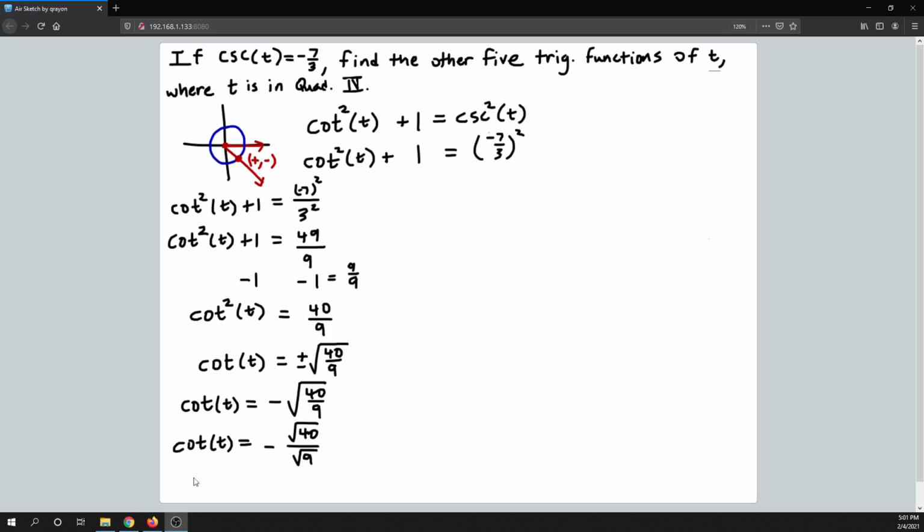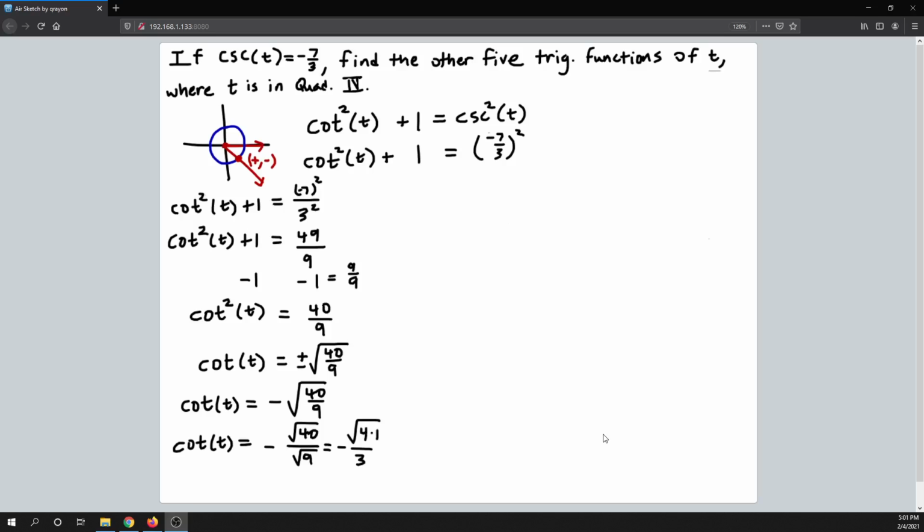And so cotangent t is equal to minus square root 40 over square root 9. And I can simplify that. The square root of 9 is just 3, right? So the bottom's going to become 3. I can also simplify this radical here.